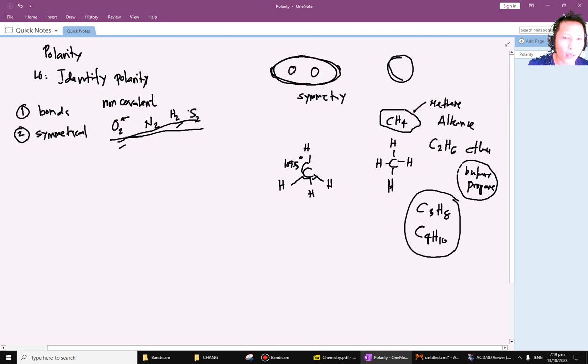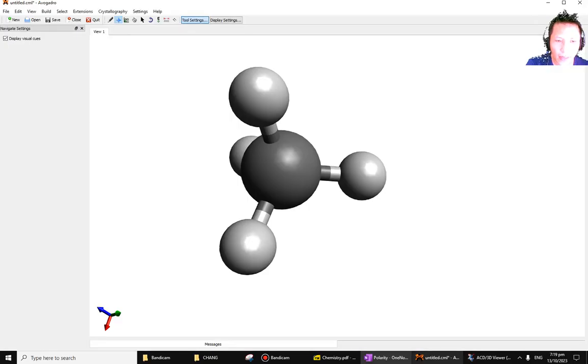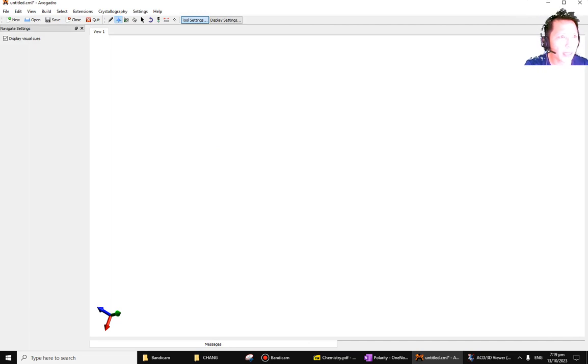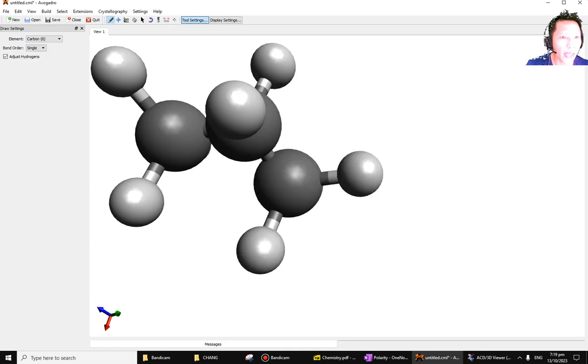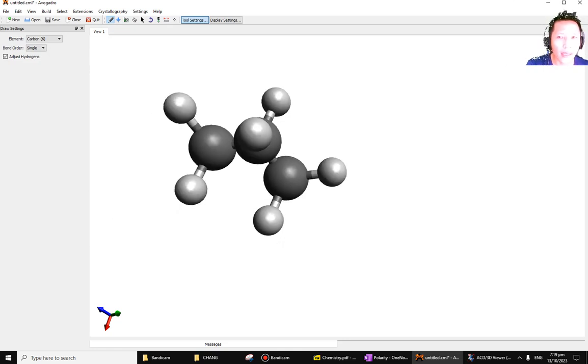Why? Anyway, we can draw, because I already opened the app here. I can delete one and draw one, two, and then three. So this is propane.